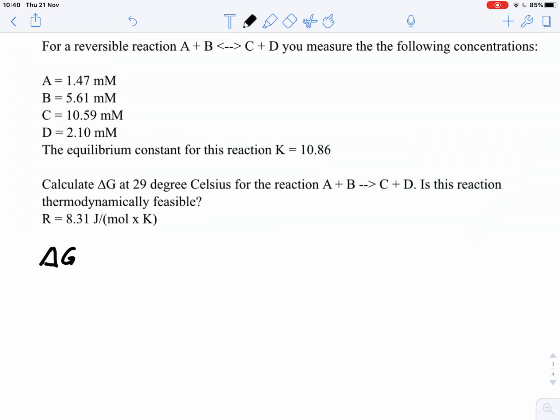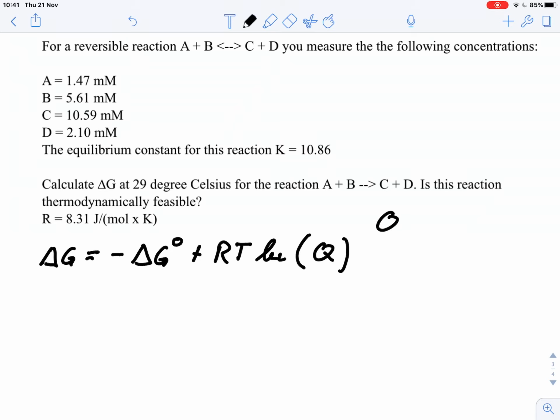So we know that delta G in this case equals delta G at the standard conditions plus R times T natural logarithm of Q. And Q is described by the mass action ratio.